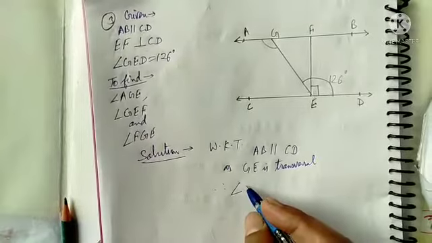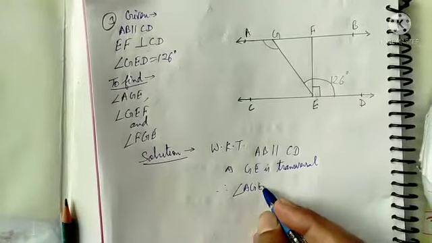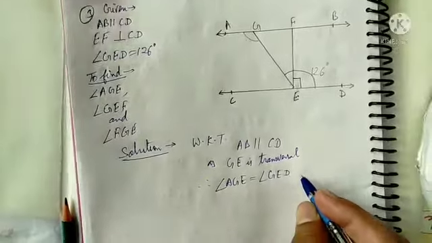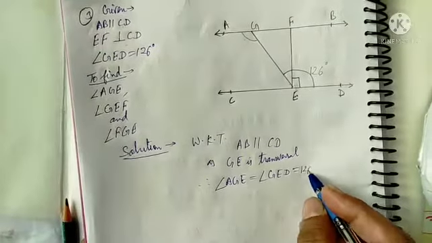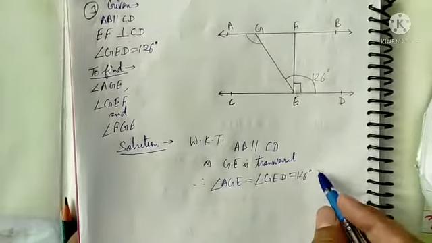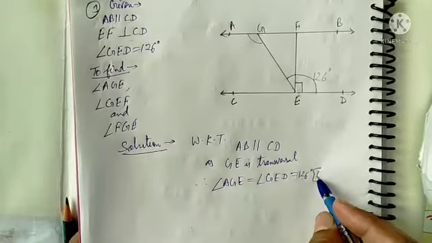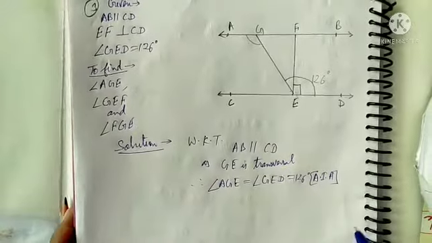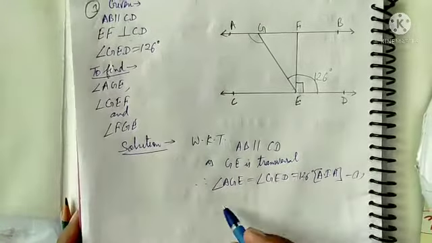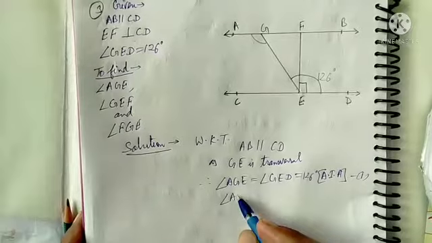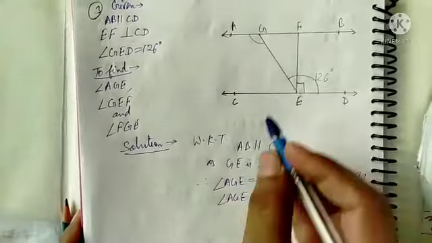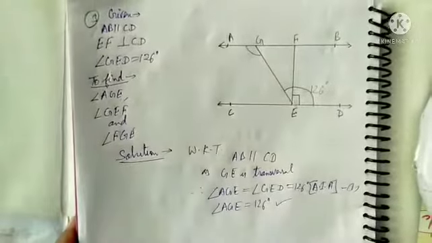Therefore angle AGE is equal to angle GED, which is equal to 126. This is given. What is the reason? Alternate interior angles. They are equal. Equation 1 suppose. So we got the value of angle AGE is equal to 126 degree. First we take out the first angle.